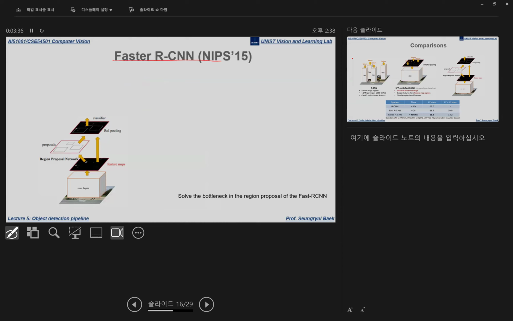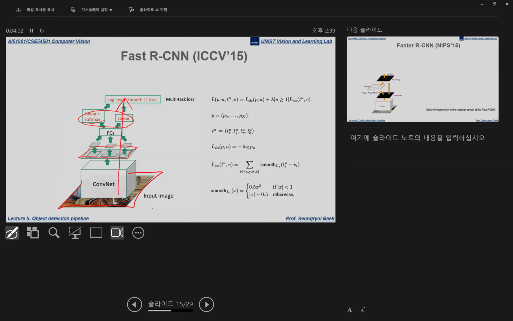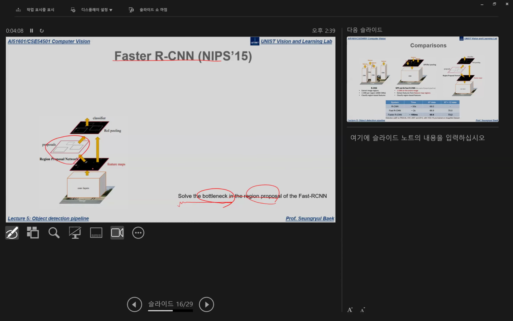And faster RCNN further improves the speed and the accuracy, and solves the bottleneck in the region proposal algorithm. In fast RCNN, the selective search algorithm is applied separately, but that is still not optimal for the CNN architecture. So in faster RCNN, we explicitly estimate the bounding boxes from the 2D feature map and use that as the bounding box information for further steps.